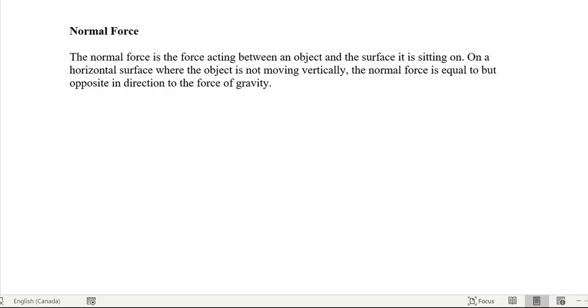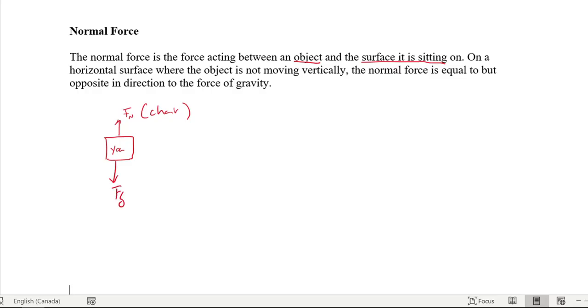Now, the normal force, as I've said before, is the force acting between an object and the surface it is on. So for example, for you right now, here's you. This is a free body diagram of you. You have the chair that's applying a normal force to you right now. And then you have gravity applying a force downwards on you, right?